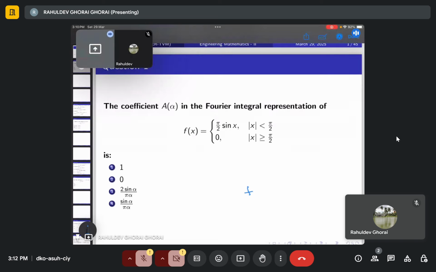the Fourier integral formula, which is f(x) equal to the integral from minus infinity to infinity of the Fourier transform of that function times e to the power i omega x d omega. What is omega?